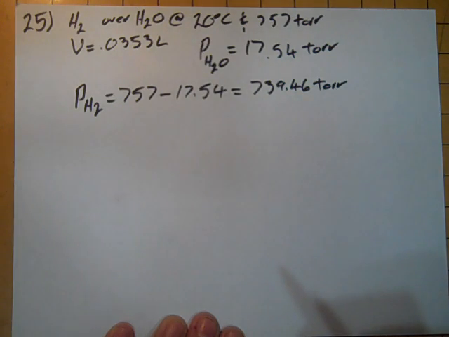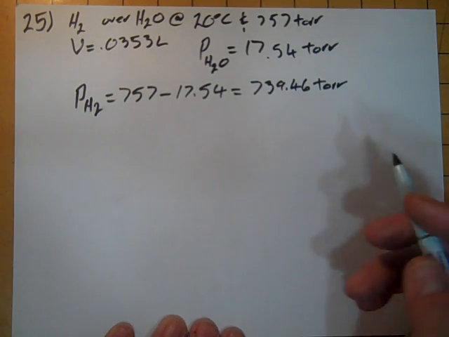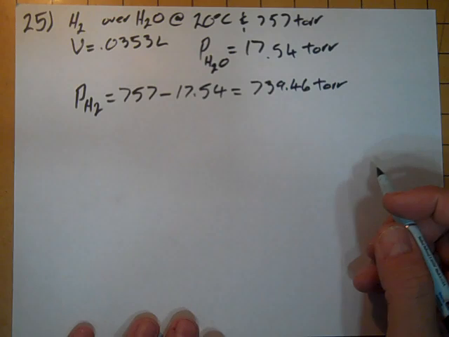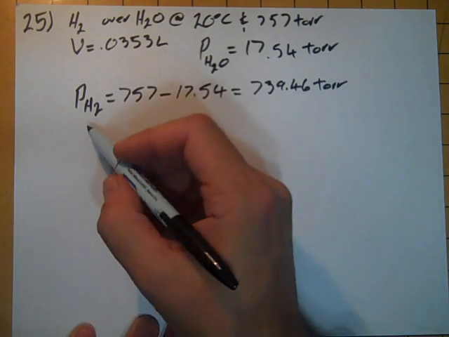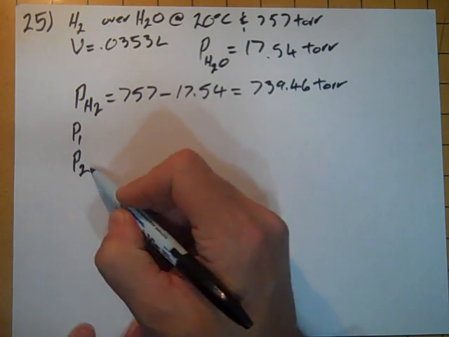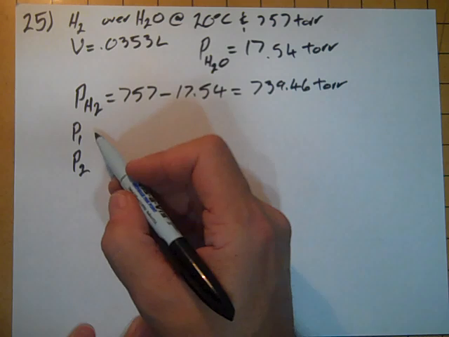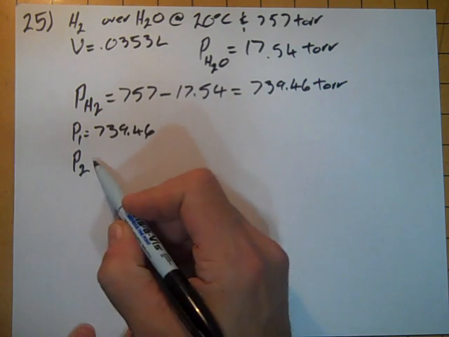Now, I'm supposed to determine what volume this dry gas would occupy at STP. So this becomes a combined gas law problem, where I've got my pressure 1, pressure 2. Pressure 1 is this dry gas, 739.46.